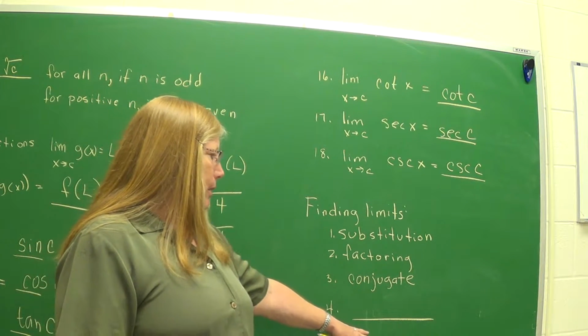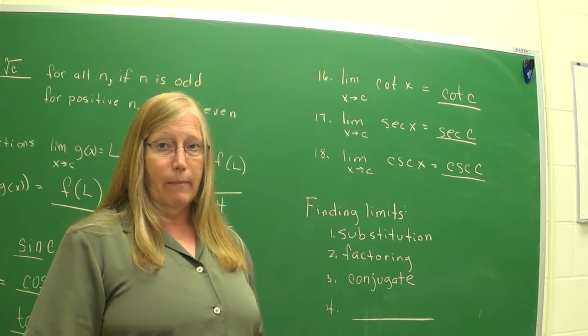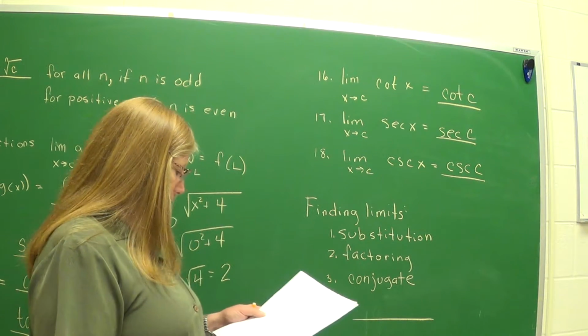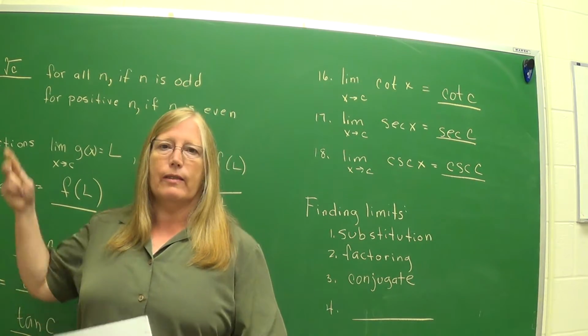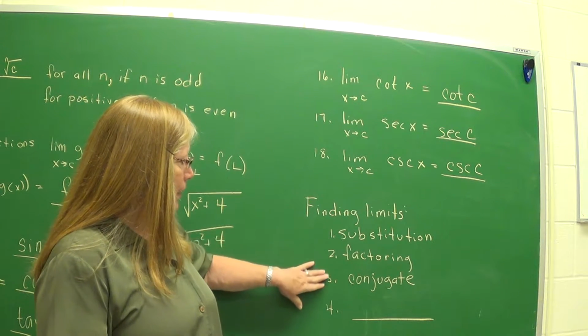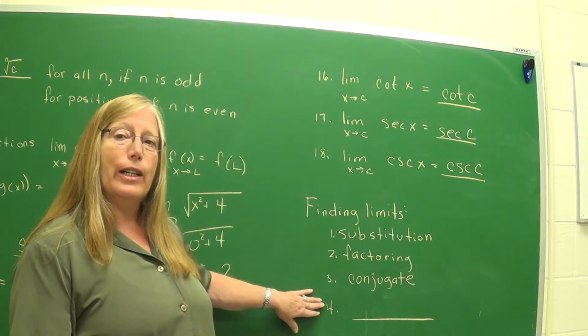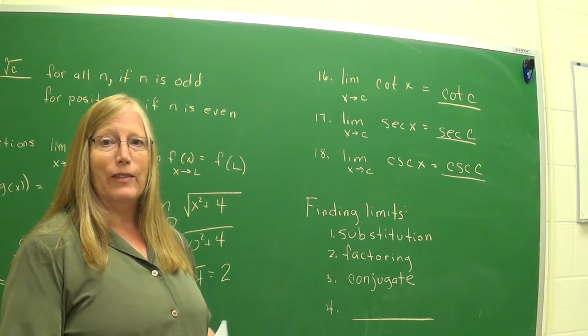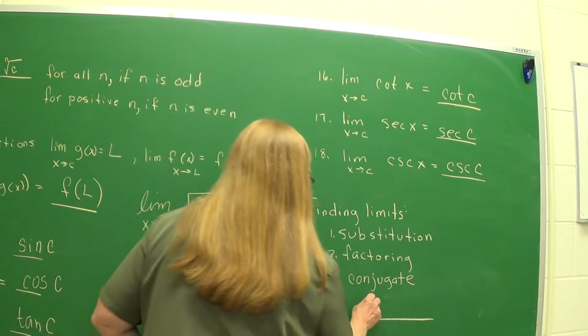So to finish today, I'd like to add another method. This method is taking a turn from all these. All these just established the rigor and the background, the foundation for us to use these three. Now we're going to find a fourth one that doesn't really have much to do with what you've seen so far. And that fourth one is called the squeeze theorem.